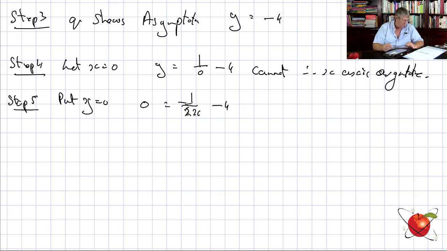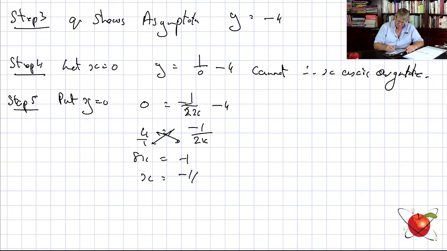So 0 is equal to that. The minus 4 goes to the other side. It becomes 4 is equal to minus 1 over 2x. Let's multiply through. 2x times 4, 8x. I just cross multiply here. 8x equals minus 1. x equals minus 1 over 8.